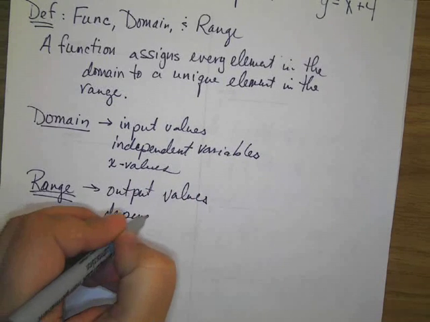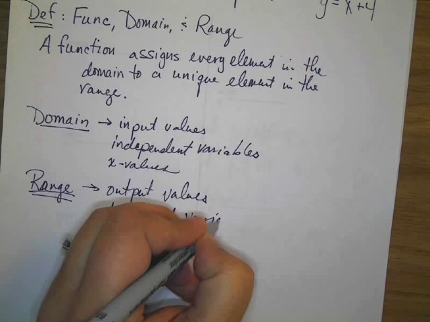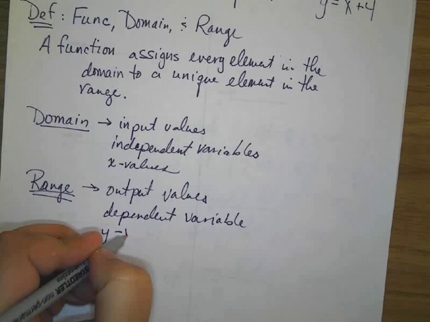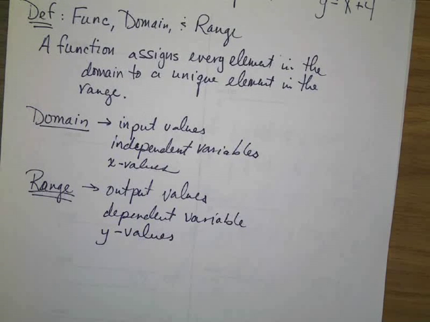It's denoted with the dependent variable. Because we use x's and y's a lot, those are our y values. Is that okay? We will ask ourselves a lot in here, what are we allowed to have for x? And so a lot of times we'll also ask, what are we not allowed to have for x? Range is harder to figure out what you're allowed to have and what you're not allowed to have algebraically, so we usually use our calculator to help us for range. But for x values, we're going to use algebra and good stuff to figure those things out.